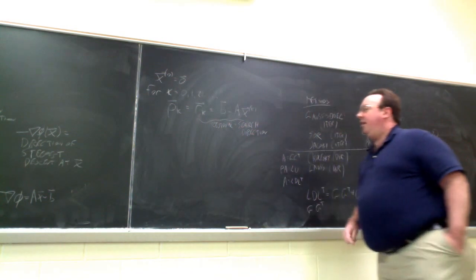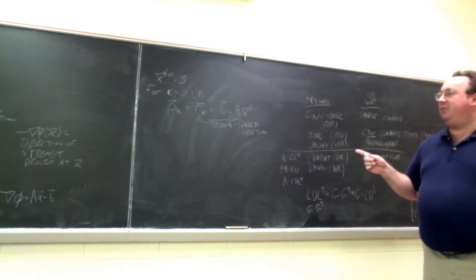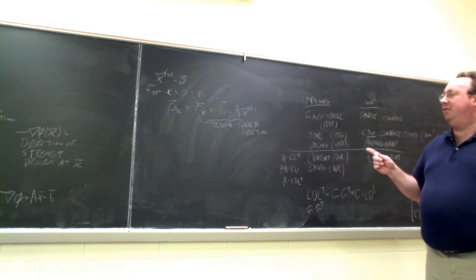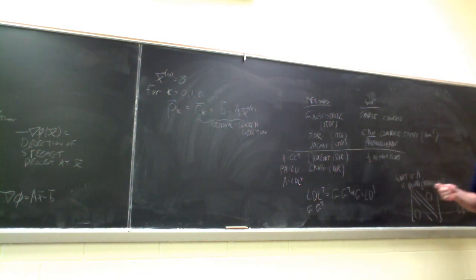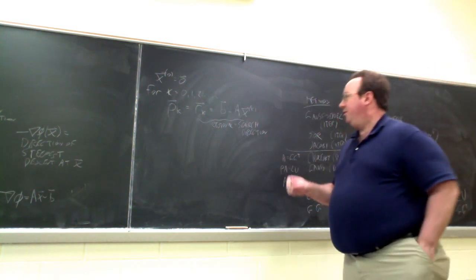All right. So pk has been chosen, but it's still a matter of what is alpha k. The goal is to make phi as small as possible.